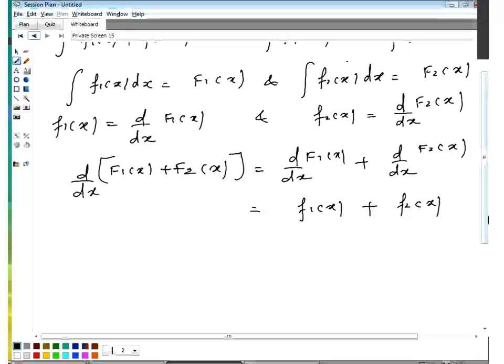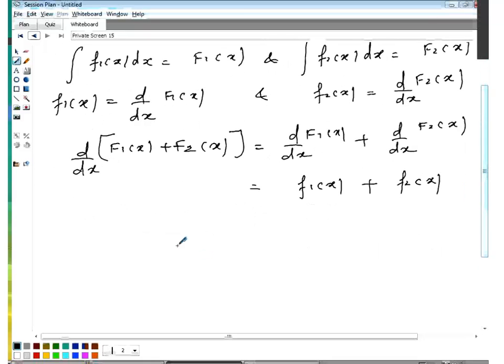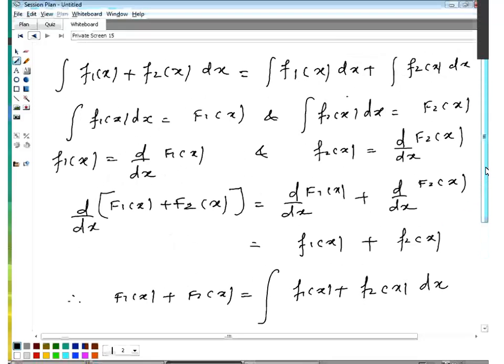and now from the definition of integration, we have F1(x) plus F2(x) equal to integral f1(x) plus f2(x) dx, and capital F1(x) is this fellow, and capital F2(x) is this fellow.